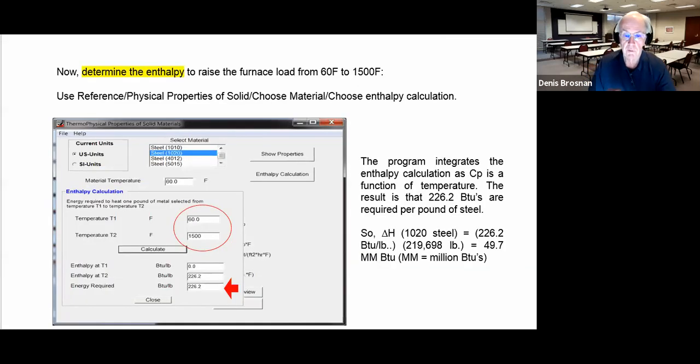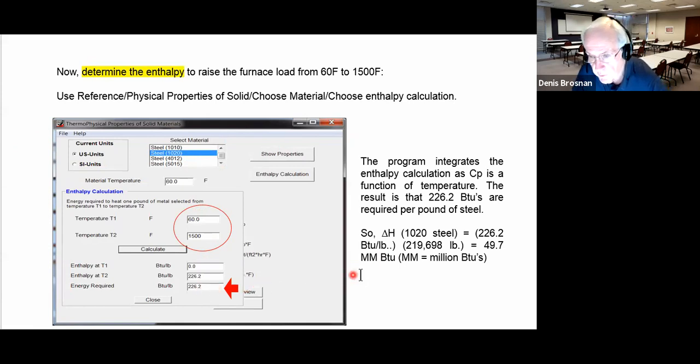Then we go over and want to determine the enthalpy. Now, in these solutions, it's really pretty easy to do that. So if we choose enthalpy calculation, and here we choose the material and go from the starting temperature 60 degrees Fahrenheit up to 1500, it will tell you how many BTUs per pound you have to add going from 60 to 1500.